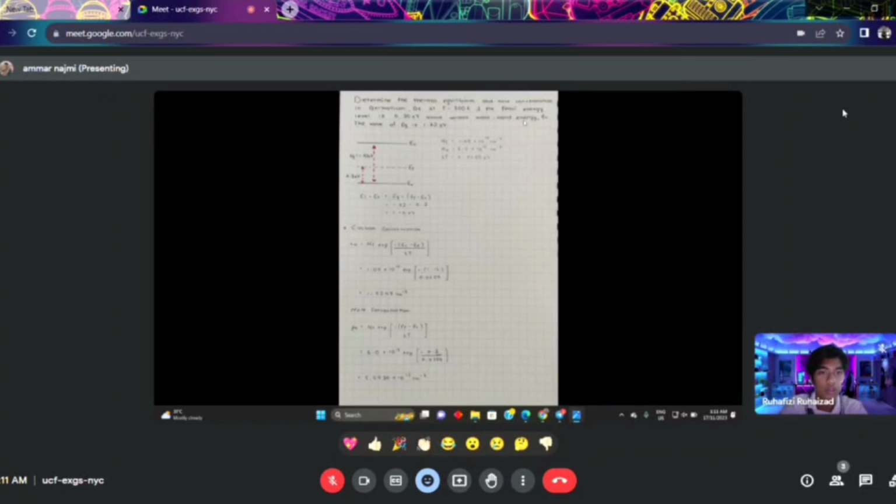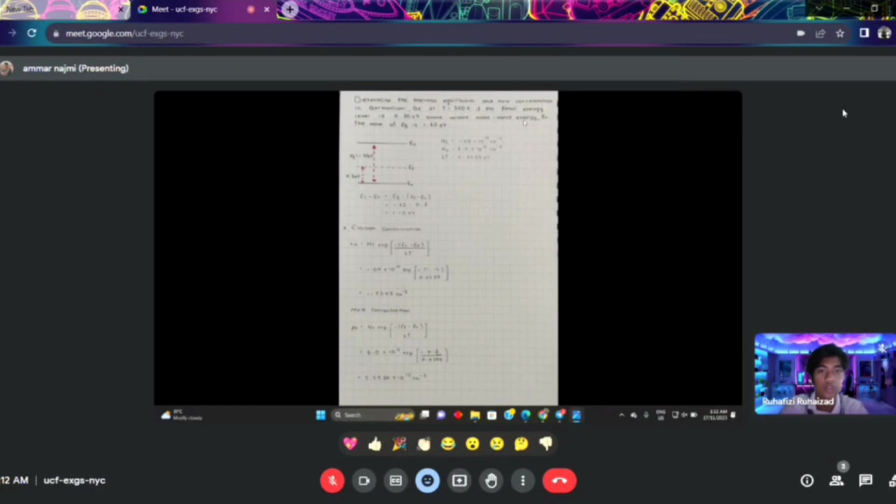Okay, first, when we get this question, we must know the value of Eg, the band energy, and we must find the values of Nc, Nv, and kT in the appendix.